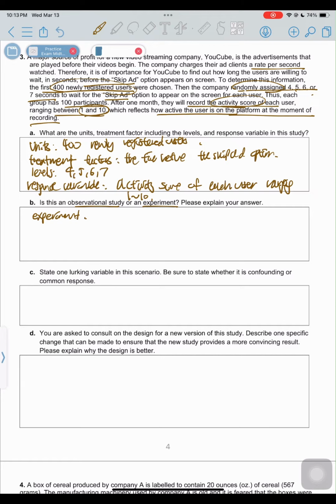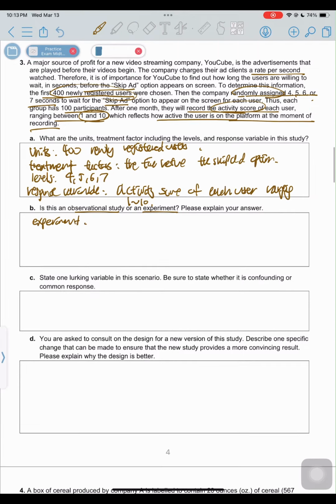Let's say that. So the company is actually being involved in this case by having skipping ads option appears. So they're assigning the number of seconds until the skip ad options appears. That is controlling this experiment, which is why it is experiment.